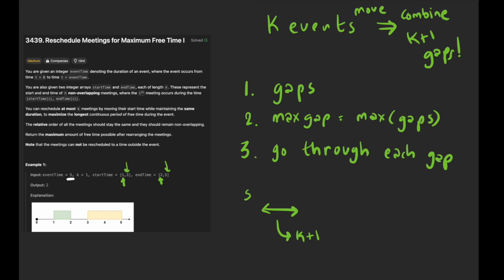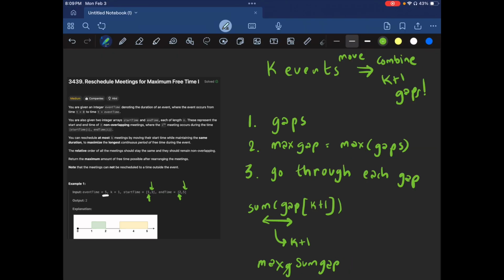We would be summing up all the gaps of the k plus 1 size, and then finding the maximum sum of these gaps, which we can find through this sliding window. Right? So let's move to the coding part.